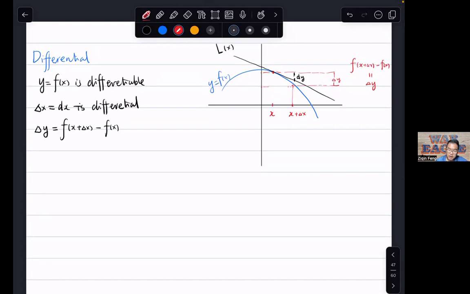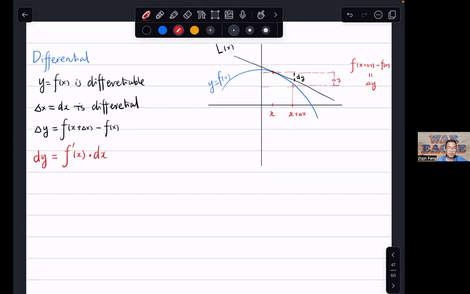Our line equation is determined by the slope. So the change of y should be the slope times the change of x, delta x. So our dy is the slope of this function at x times dx, or delta x. That's the differential.